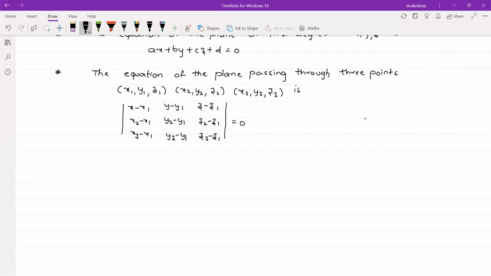For understanding this formula, I am giving you one example.